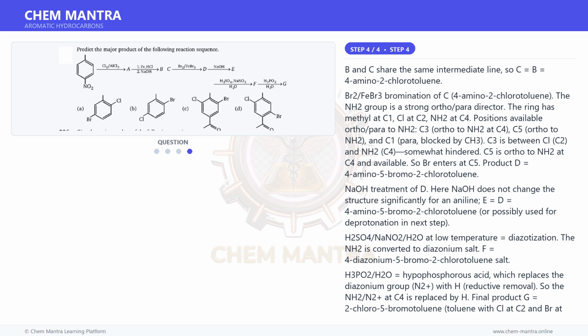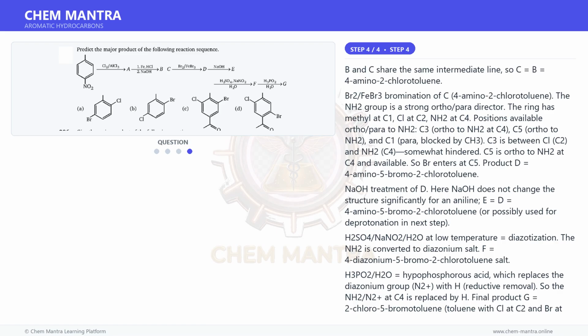C3 is between Cl at C2 and NH2 at C4, somewhat hindered. C5 is ortho to NH2 at C4 and available. So Br enters at C5. Product D is equal to 4-amino-5-bromo-2-chlorotoluene.